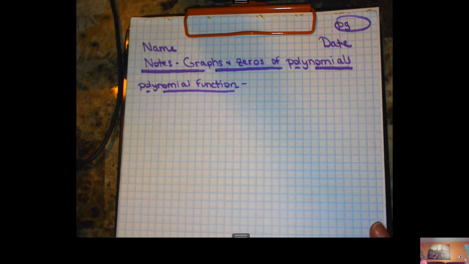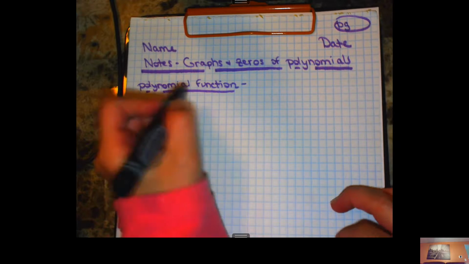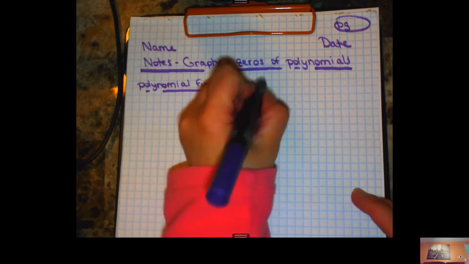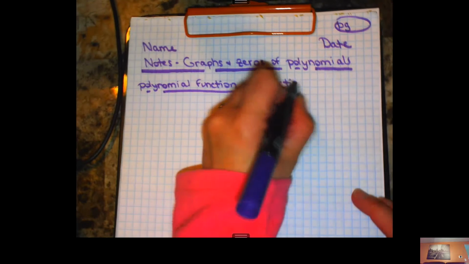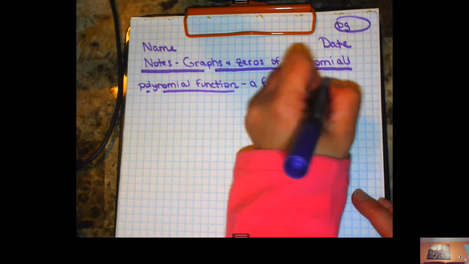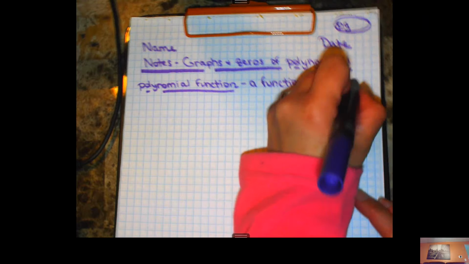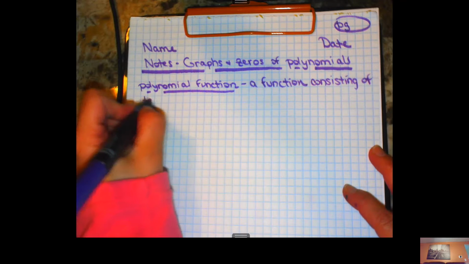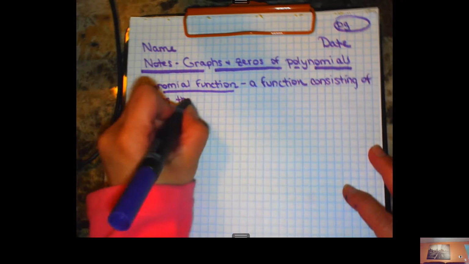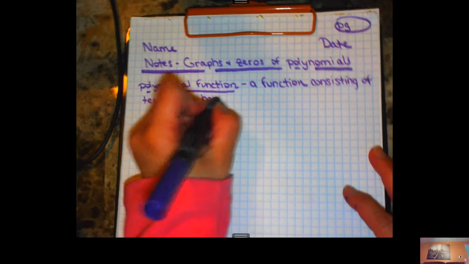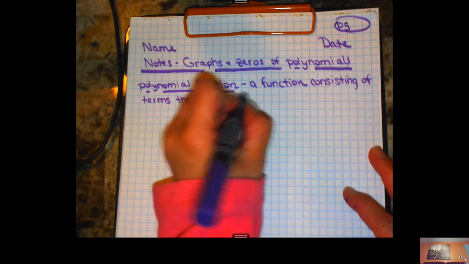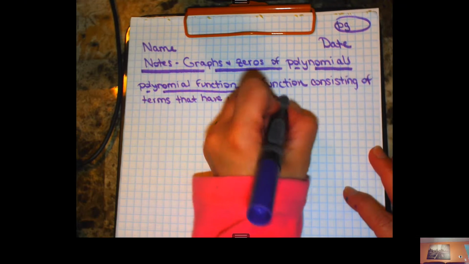So the first thing we want to do is come up with the definition of a polynomial function. So can you write, hopefully you have all this down, and please pause the video if you need to. It's a function consisting of terms that have whole number powers only.